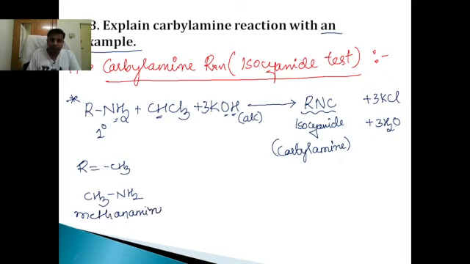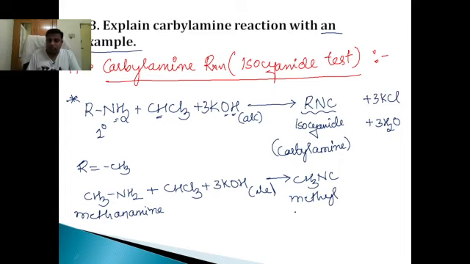Methanamine reacts with a mixture of chloroform and alcoholic potash. It gives CH3NC, that is methyl isocyanide, plus 3KCl plus 3H2O. So you'll get the marks for this with an example.